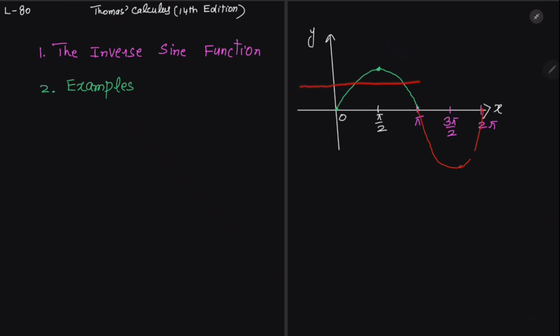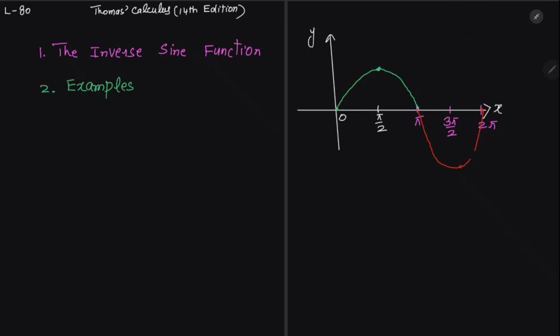Horizontal line test says that when you draw a line on a function, if it passes through only one point, then that function is 1 to 1. But here you can see that there are two points where the horizontal line passes through. So it is not a 1 to 1 function.